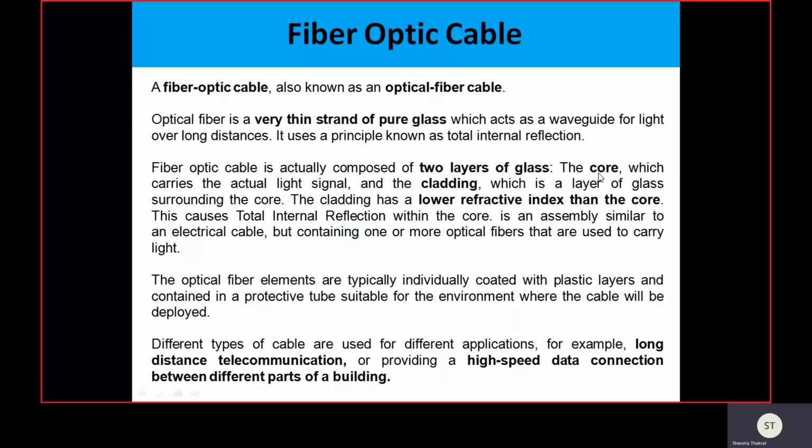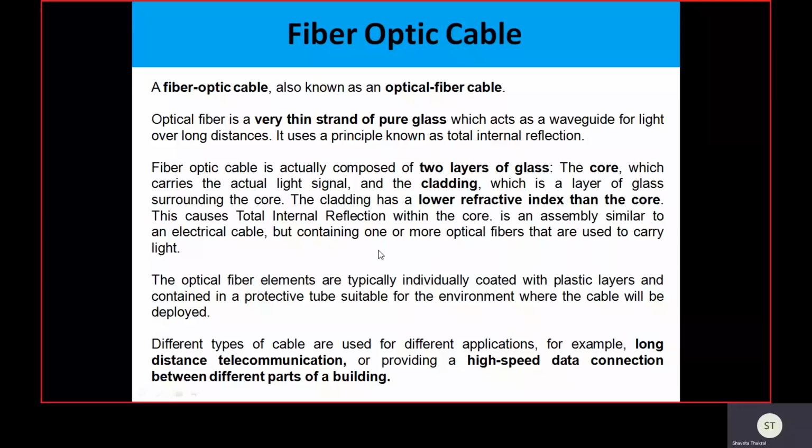The inner layer is called the core, which carries the actual light signal, and the outer layer is considered the cladding. Cladding is also a layer of glass surrounding the core. Cladding has a lower refractive index than the core, and because of this, total internal reflection takes place within the core, and the light gets transmitted, and that light is carrying the signal.